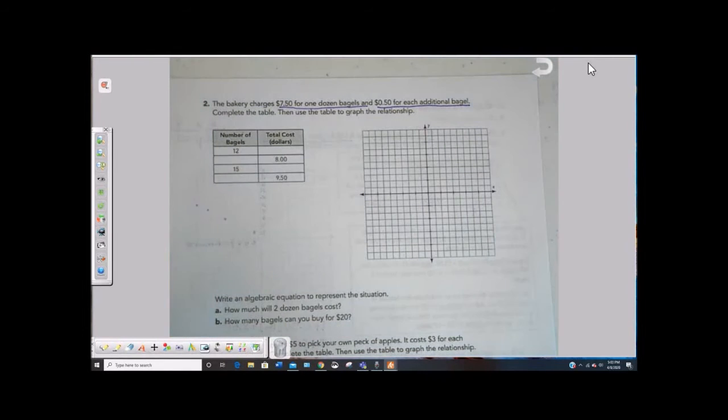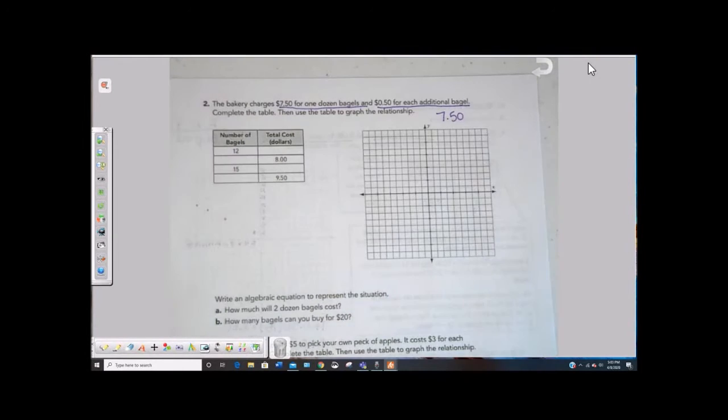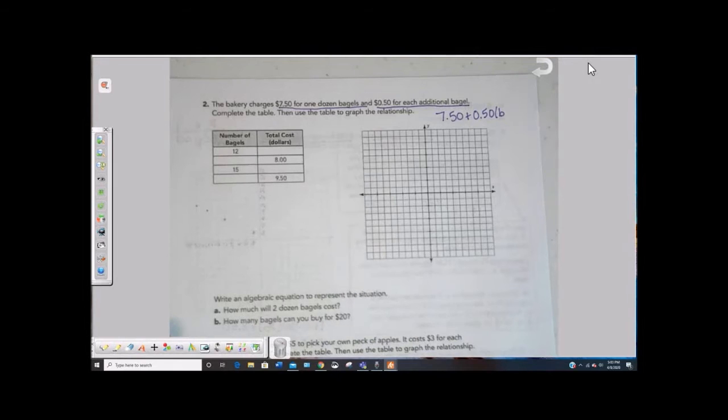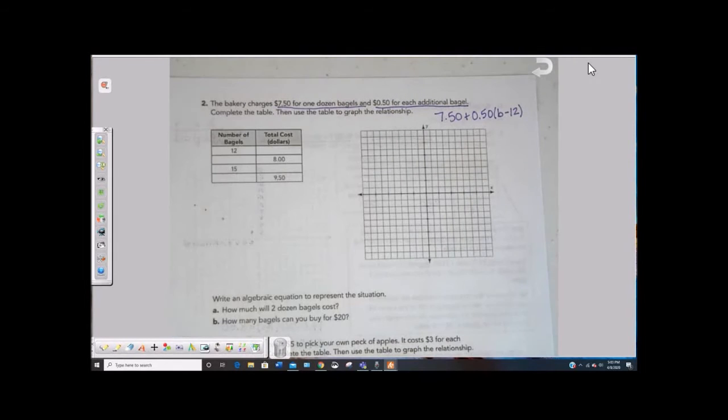So let's start with our equation first. We automatically know that it is $7.50 just for a dozen. It's an additional 50 cents for extra bagels. Now this is the tricky part. It is 50 cents times the additional bagels, but we're going to take that additional bagel minus that dozen, okay?